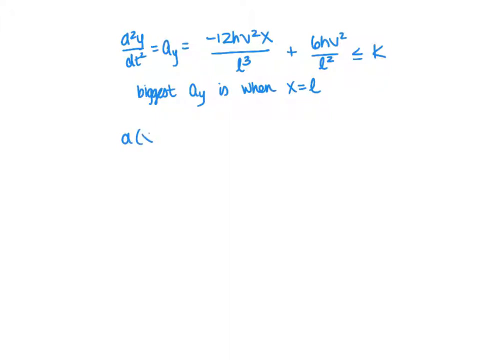The acceleration at x equals L is equal to minus 12h v squared L over L cubed plus 6h v squared over L squared, and that's less than or equal to k.